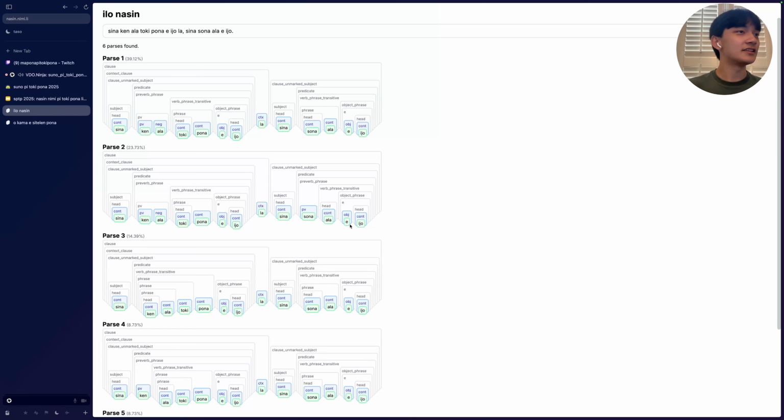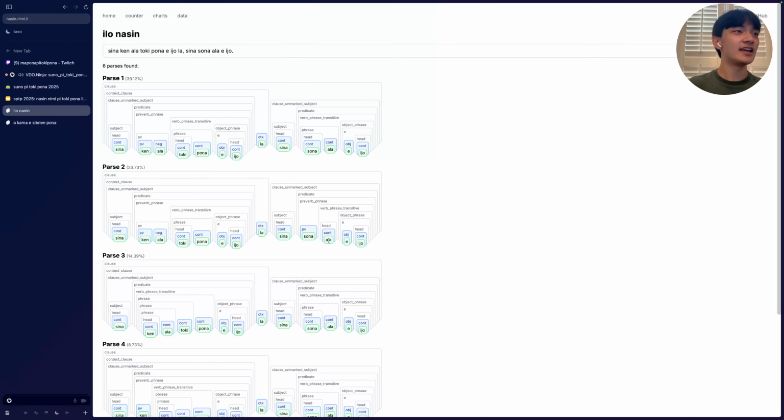And then we have another similar sentence right here. Let's see, why is this sentence different from the previous one? This sentence is lower, because it does something weird here. In this case, ala modifies sona, right? We're saying not knowing. But in this case, sona is a preverb and ala is like a transitive verb to turn the thing into nothing, right?